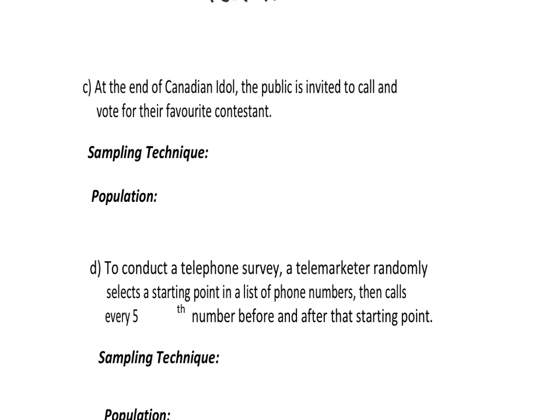At the end of Canadian Idol, the public is invited to call and vote for their favorite contestant. What would this be considered? It's not random. You get the choice if you would like to participate, right? So we call that a non-random sample.